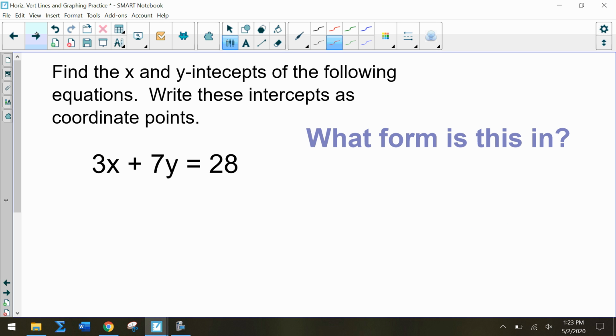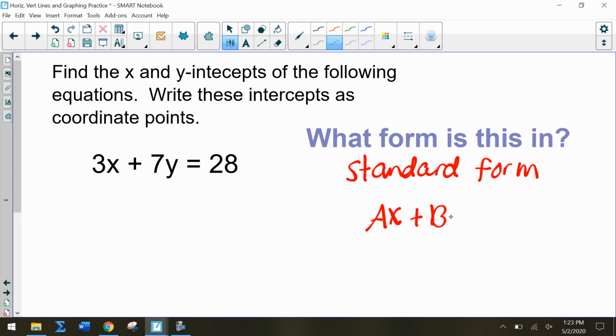Okay, so just kind of going back to x and y intercepts, finding them algebraically, but I wanted to identify what form this is in. Okay, so this is in standard form. And standard form is really great to find intercepts, because if I set x equal to 0, then I can find my y-intercept easily.